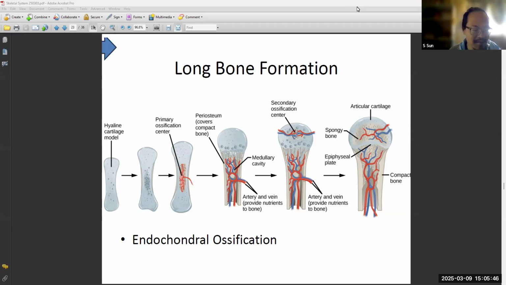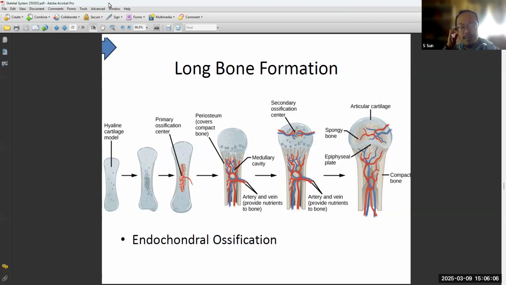Okay, so let's continue our lecture on the skeletal system. With this one, I'm going to talk to you about how bone is formed. So, bone formation coming from the cartilage.